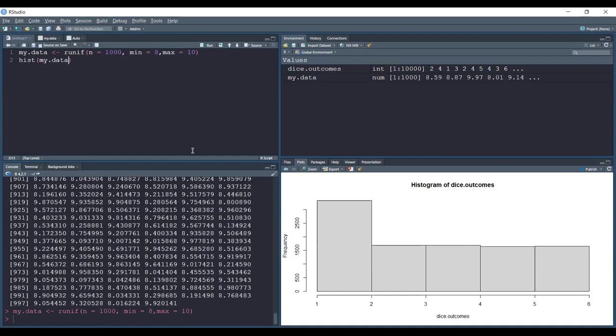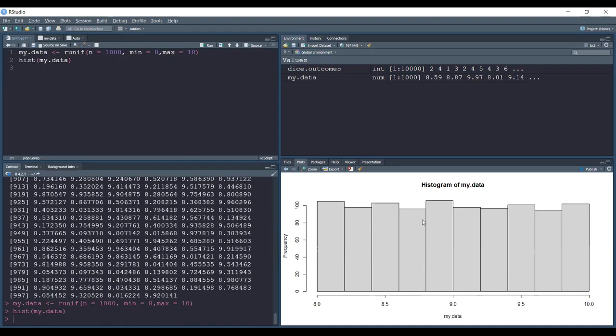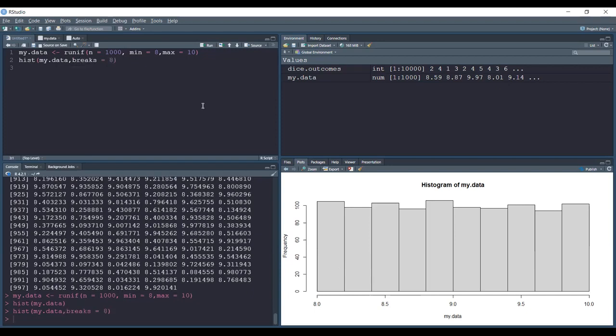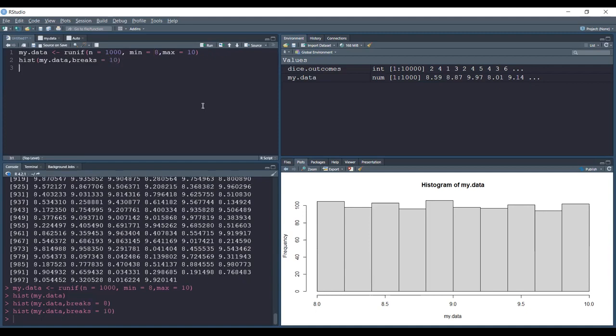My data. As you can see, it's uniform, right? Practically self-explanatory. In each bucket, let's say we took eight buckets, although R doesn't always give exactly 8. What if we take 10 buckets?